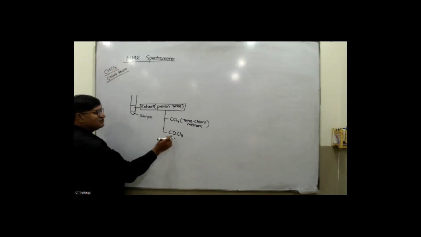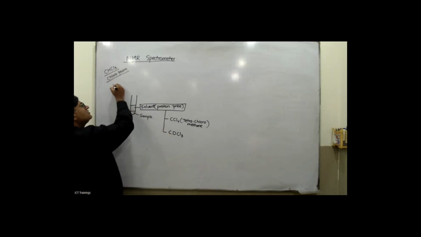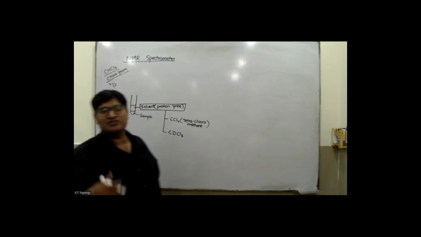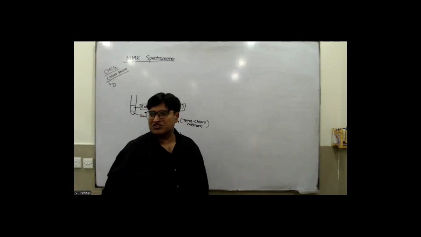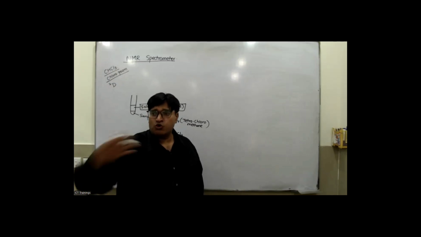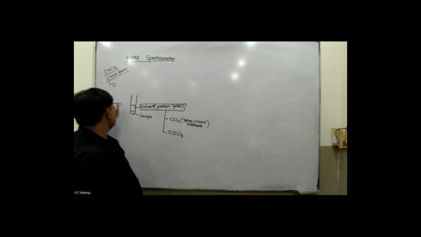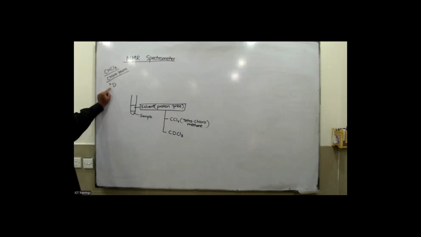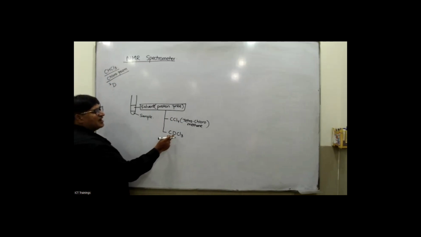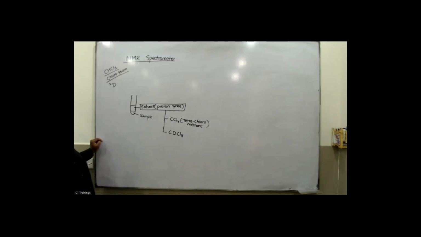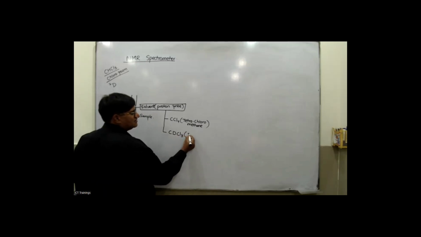But if you replace this hydrogen with deuterium, you know that it has one proton number and two neutron number. And I told you NMR spectrometry could only be done for those elements which have an odd number of neutrons. So this one has an even number of neutrons, so its NMR spectrometry cannot be carried out. Deuterium has an even number of neutrons. This is called deuterochloroform.